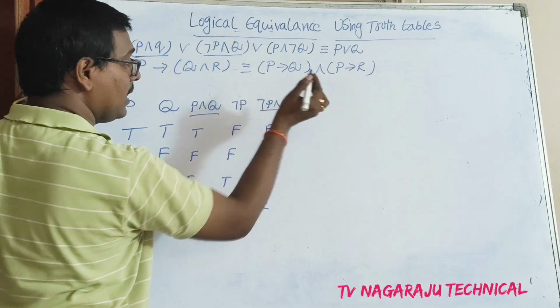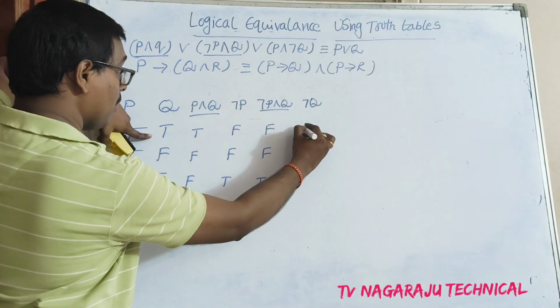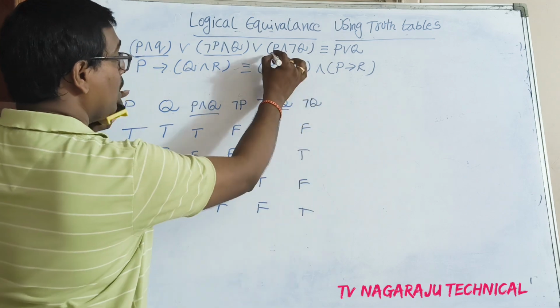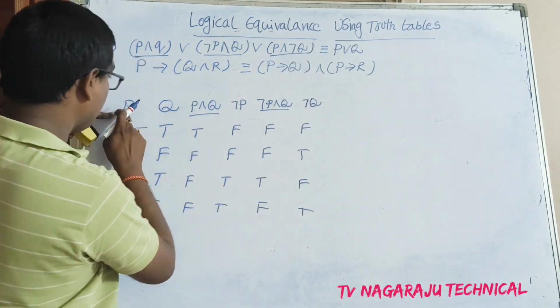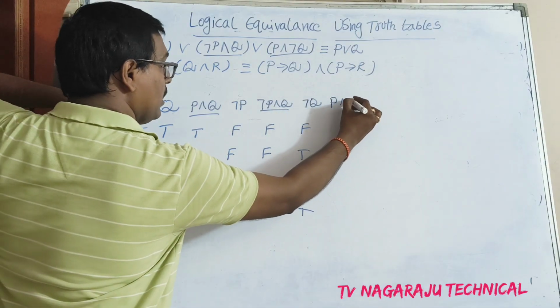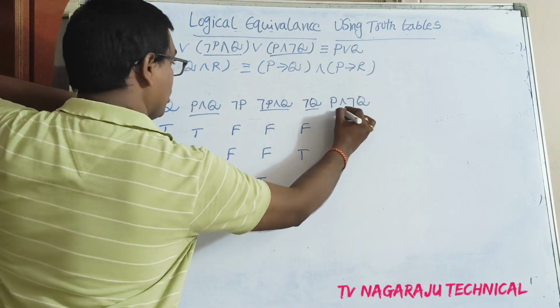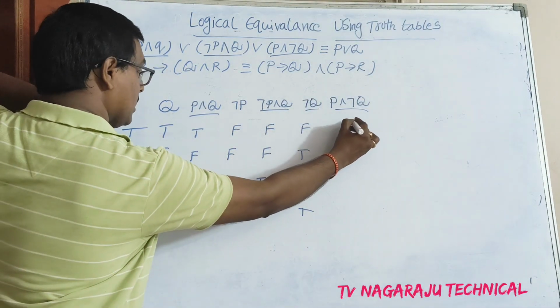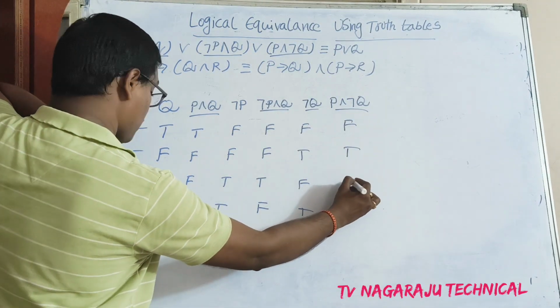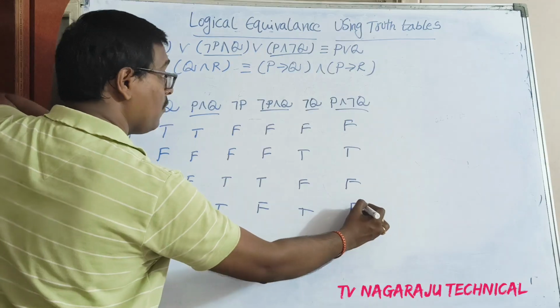Now P and negation Q. So I am calculating negation Q: false, true, false, true. Now P and negation Q: true, false, false, false.